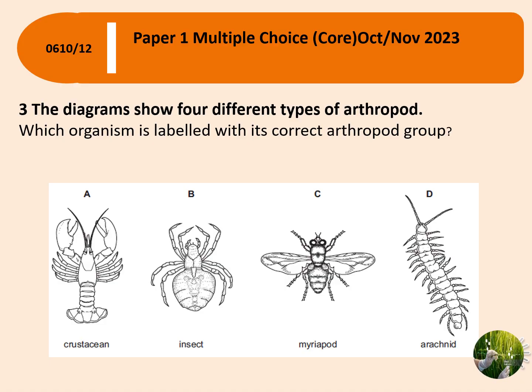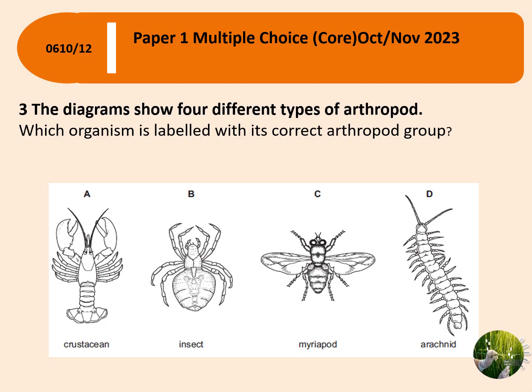If we take B, it is labeled as an insect. Now insects have only 3 pairs of legs, but B has 4 pairs of legs, so that is also wrong.